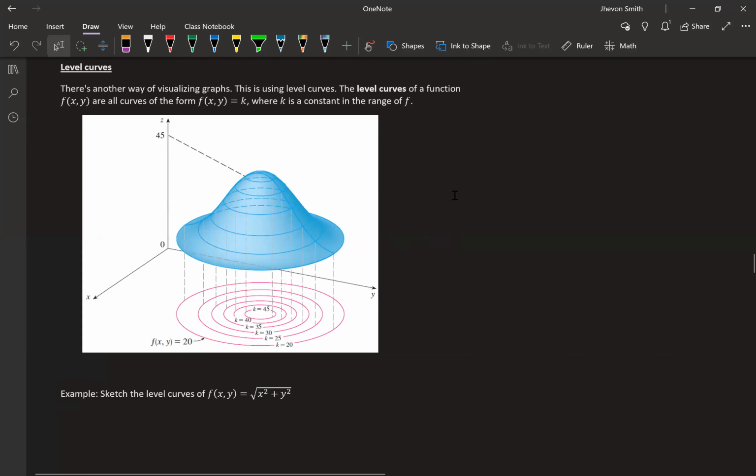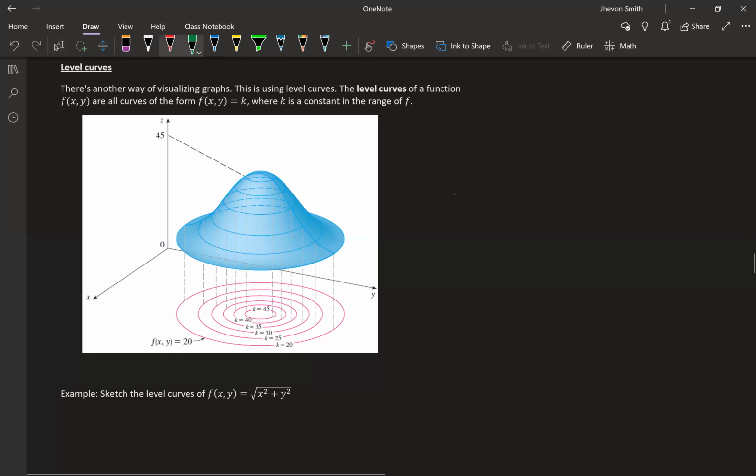Now let's talk about level curves. Very nice thing to use, level curves. They actually give us a way to understand what's going on in a higher dimension by looking at a lower dimension. So how do we do level curves? Here I have some random surface in blue.